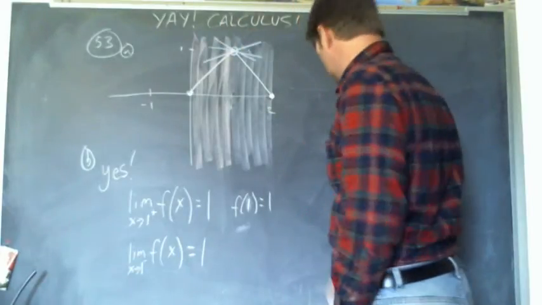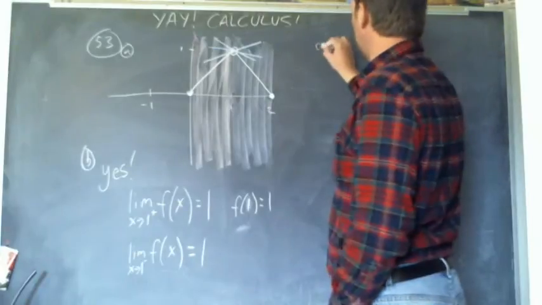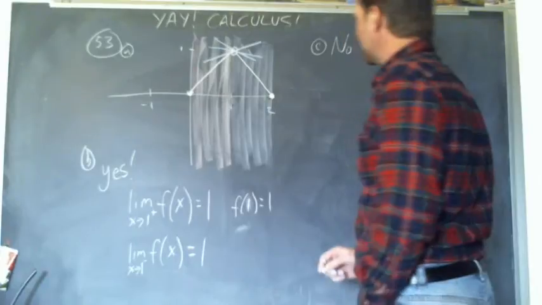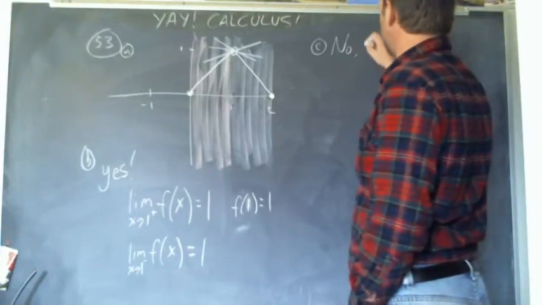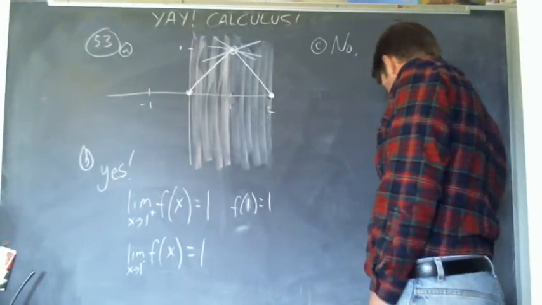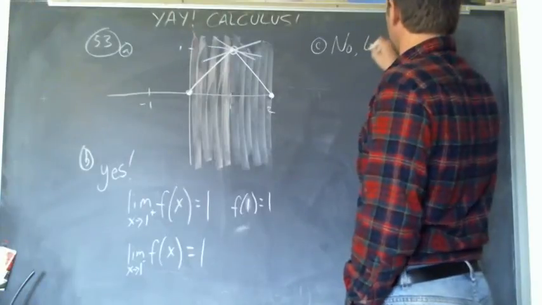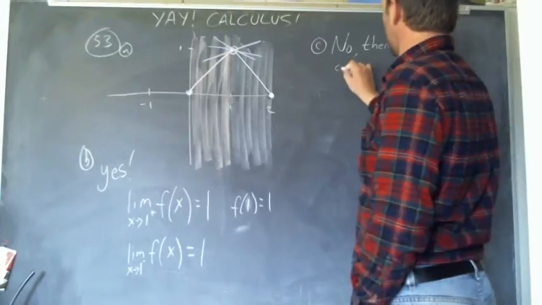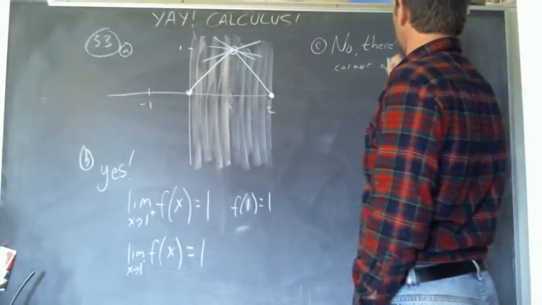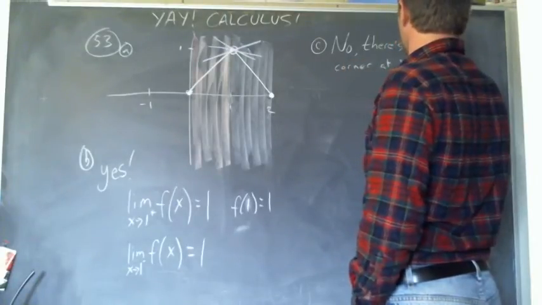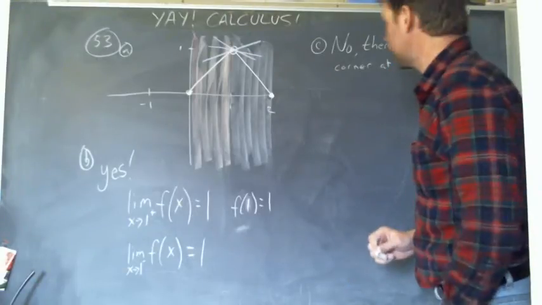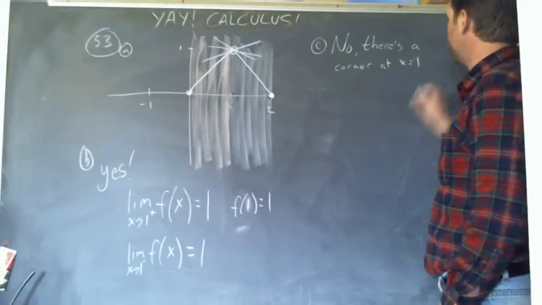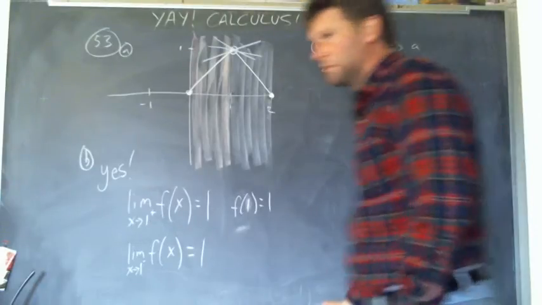So this is clearly a no for C. And the reason being is that it's a corner. You know, the corners, cusps, asymptotes, all non-differentiable. Great. It's A, B, and C.